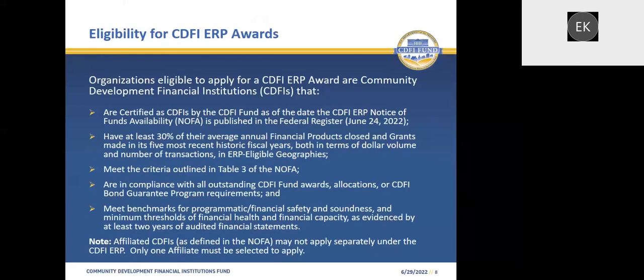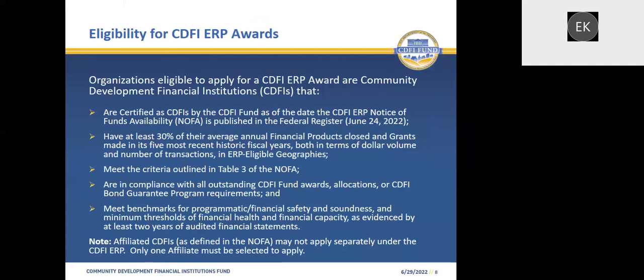They must have at least 30% of their average annual financial products closed and grants made in their 5 most recent historic fiscal years, both in terms of dollar volume and number of transactions, in ERP-eligible geographies.